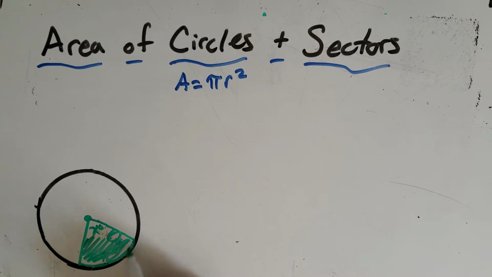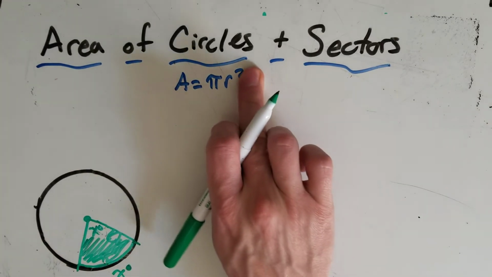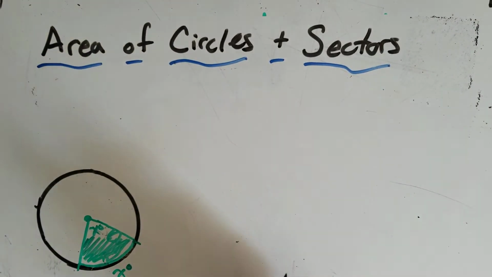So you're bounded by the arc here, and you know the central angle, which is also the measure of that intercepted arc that you're bounded by. And we want to find the area of that. In order to do this, we're going to compare the area to the whole area.